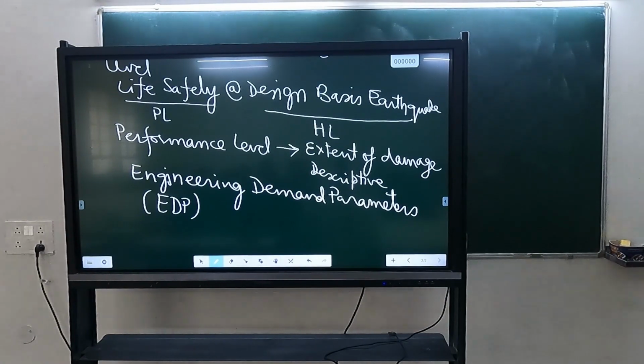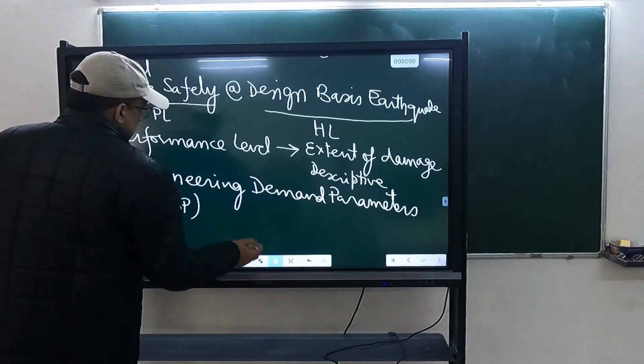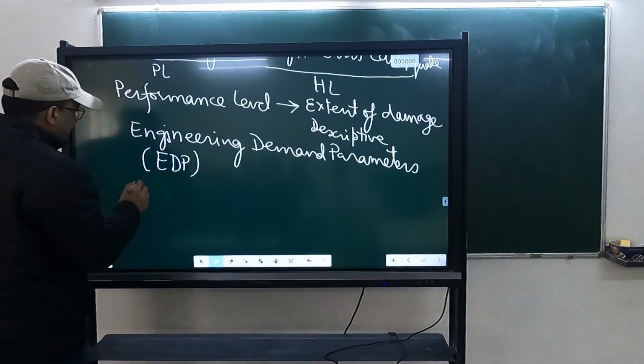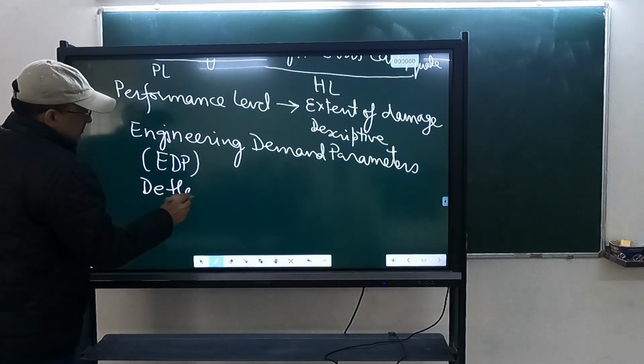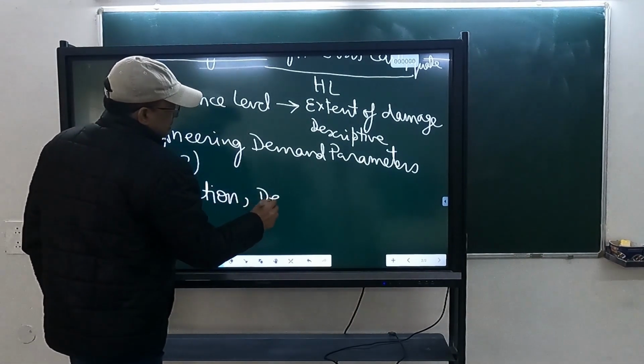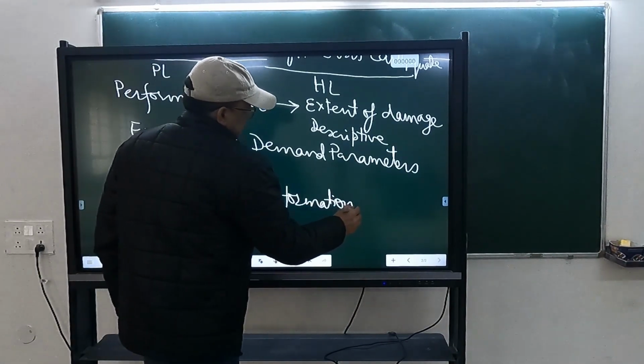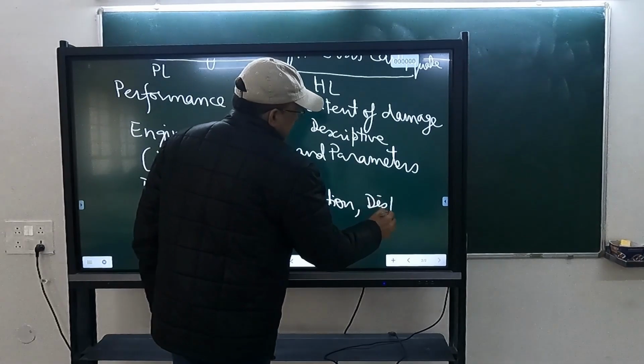But if you have to define it quantitatively, how are you going to define it? What can be the quantitative parameter? The width of the crack or the deflection. Okay, so you have to define the deflection of the member or deformation of the structure or displacement.